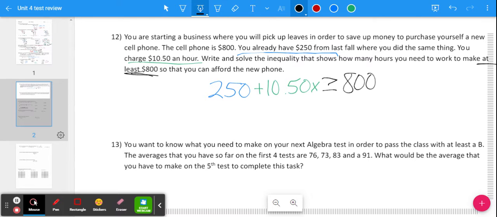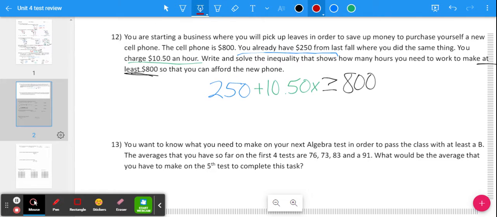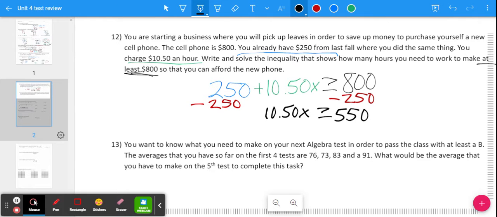So now we still have to solve this. So this is a two-step inequality. So we want to get rid of the thing not touching x first, your constant. So our constant in this case is that 250. So we're going to subtract 250 from both sides, and that leaves us with 10.50x is greater than or equal to 550.